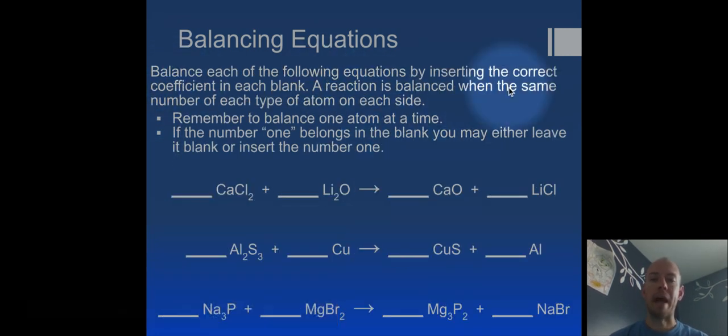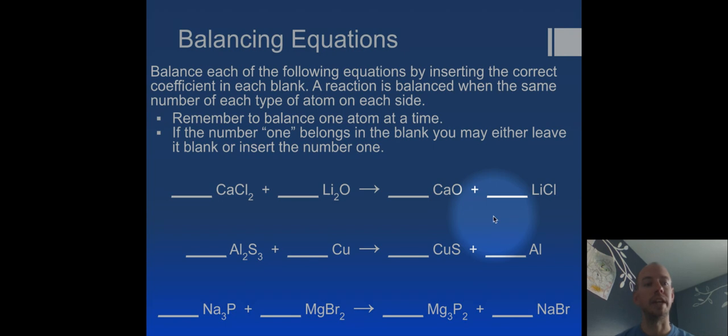So here there's some balancing. Balancing, like I said, is a game of guessing and checking. Once you've done a lot of balancing, you get some skills, but really you're going one element at a time. How many are here? How many are there? How many of this are here? How many of that are there? As you go back and forth, sometimes you have to start over or check or change your answers.